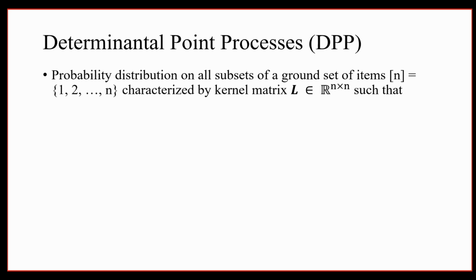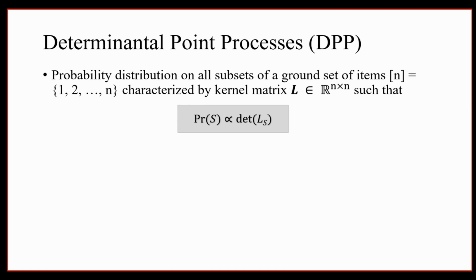And that is characterized by some kernel matrix L, which is an n cross n matrix, such that the probability of sampling any particular subset S is proportional to the determinant of L subset S, where this L sub S is the principal submatrix in that L matrix corresponding to the particular rows and columns in that S. So for example, the probability of sampling the set with just the first element is just L11.